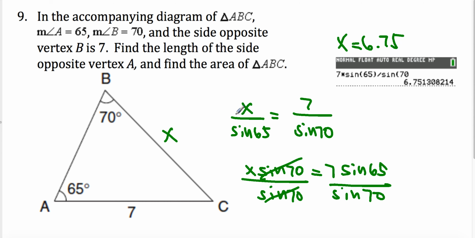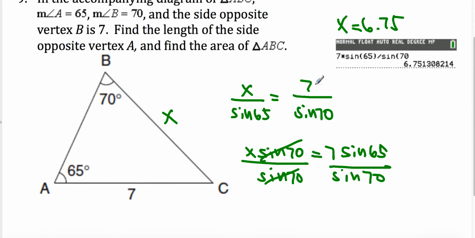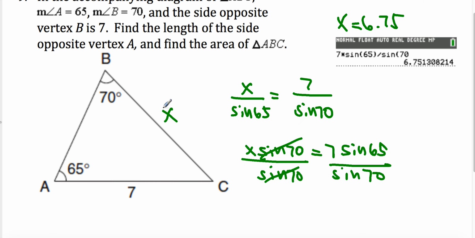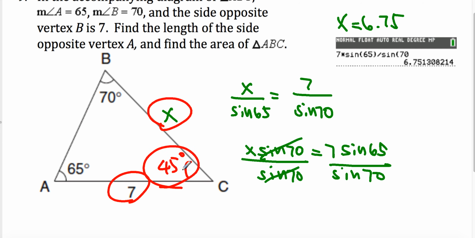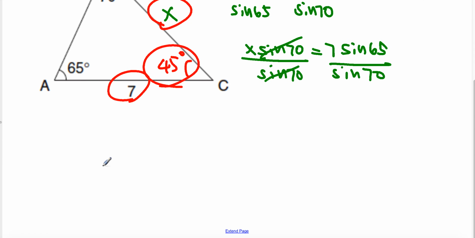So that becomes our answer. And then using that side, we should be able to find the area. In order for us to find the area, because we know two sides already, we need to figure out the angle here. But that's 180 minus these two. Then we end up getting 45 degrees. That's right.